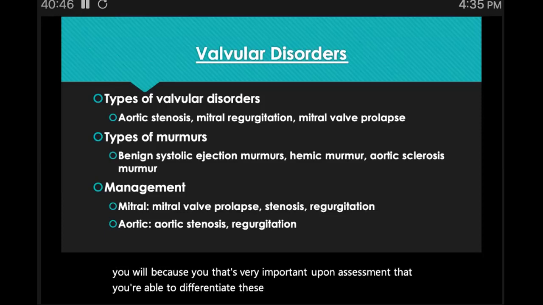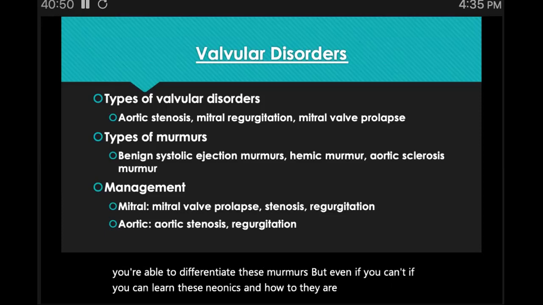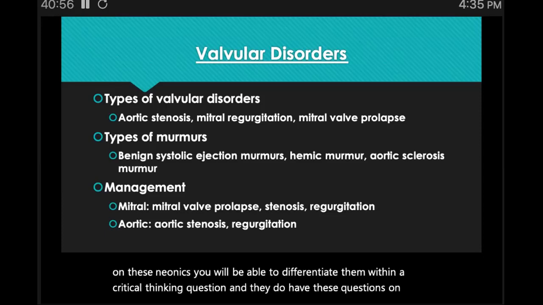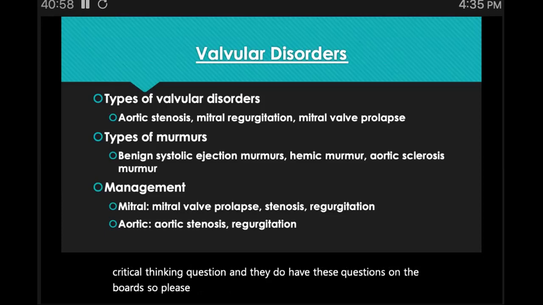But even if you can't, if you can learn these mnemonics and how they are described based on these mnemonics, you will be able to differentiate them within a critical thinking question. And they do have these questions on the boards. So please, again, learn to use the mnemonics Mr. Ass and MS ARD. Okay.